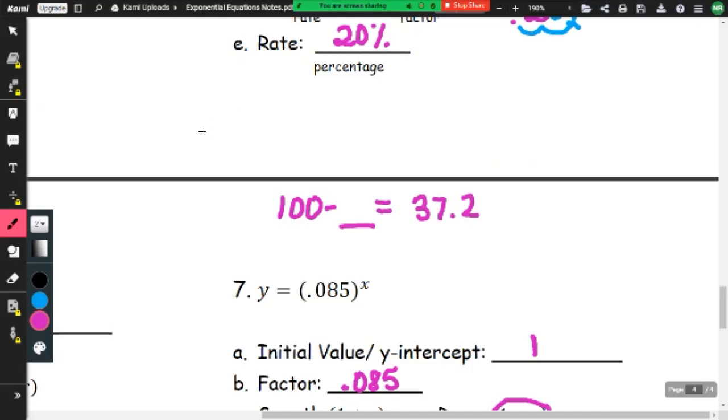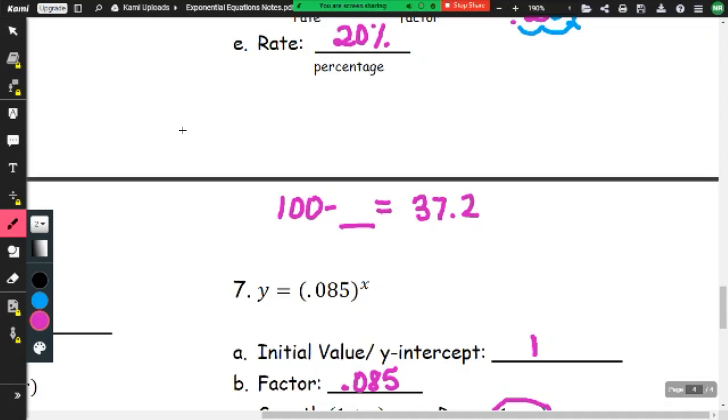What would you do to solve that, though? You would subtract that from 100. Even though this is your answer, you could also interchange it. If I take 100 minus 37.2, I get my grade.